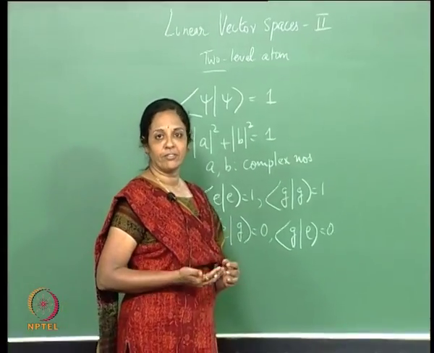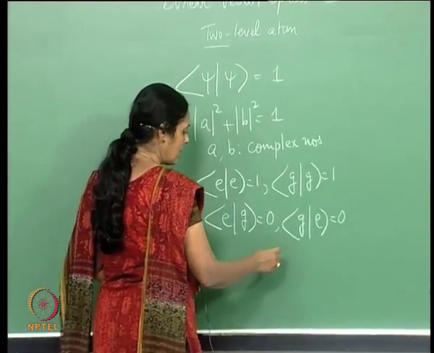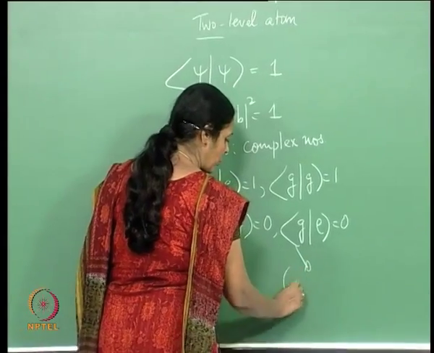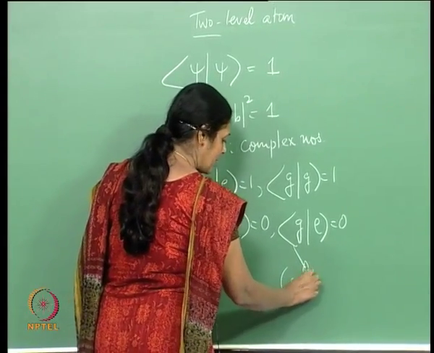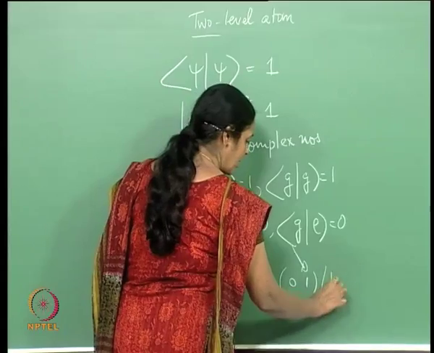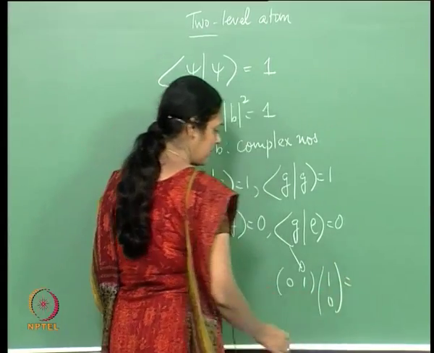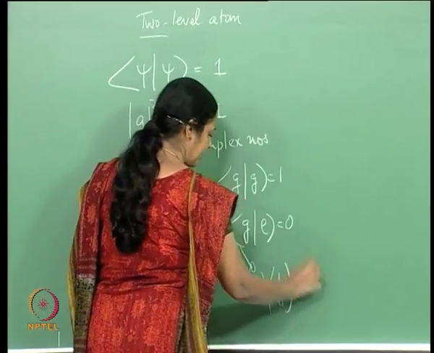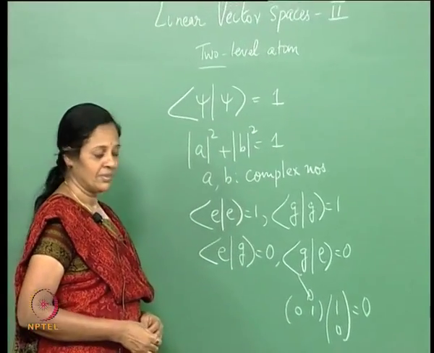Now, I could give matrix representations. In that case, I would write this as (0, 1) and this as (1, 0), and that is 0.